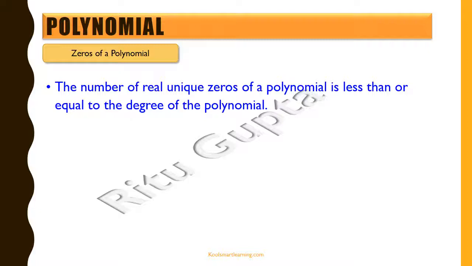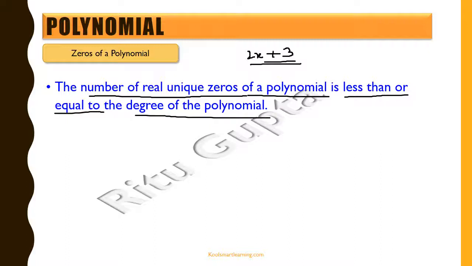Now we are just going to talk about the number of real unique zeros of a polynomial. Now this is less than or equal to the degree of the polynomial. That is why we were just talking about linear, quadratic and cubic for now. So if we have a linear polynomial of the type 2x + 3, this polynomial will have a maximum of 1 real unique zero, because the number of real unique zeros of a polynomial is less than or equal to the degree of the polynomial.